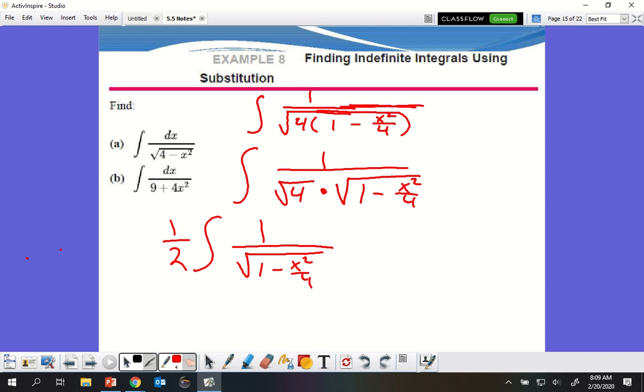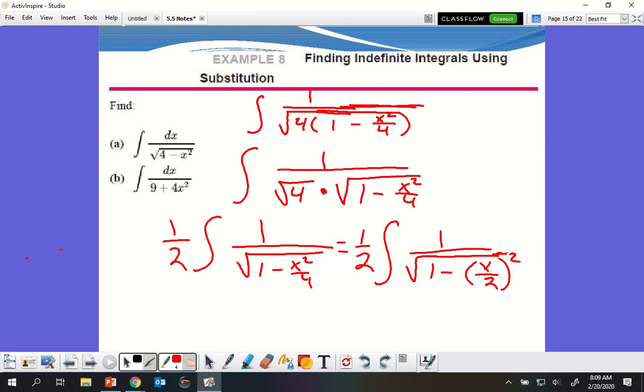I'm going to change this up a little bit, and then it's going to turn into, equals, there we go, x squared over 2 squared. Isn't that still my x squared over 4, right? I just rewrote it to make it work.